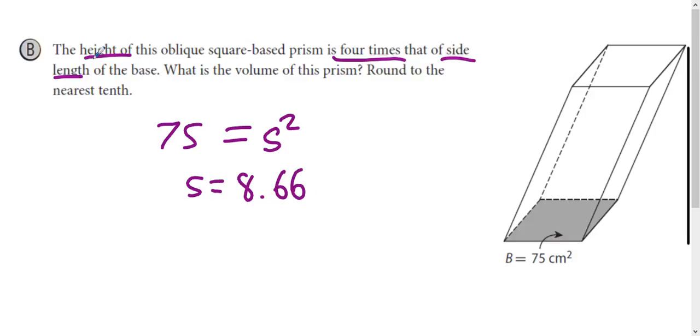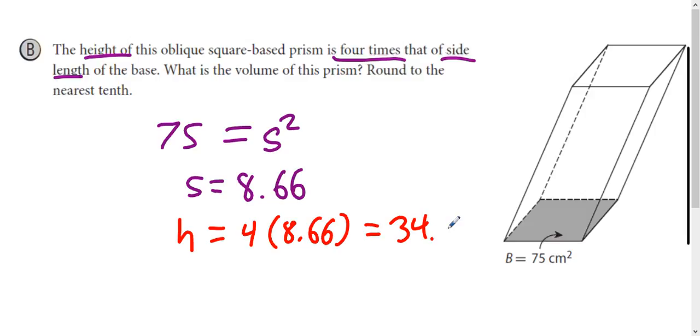And the height is 4 times the side length. So that means the height is 4 times 8.66. It's 34.64. So we find the volume, which is the base times the height.